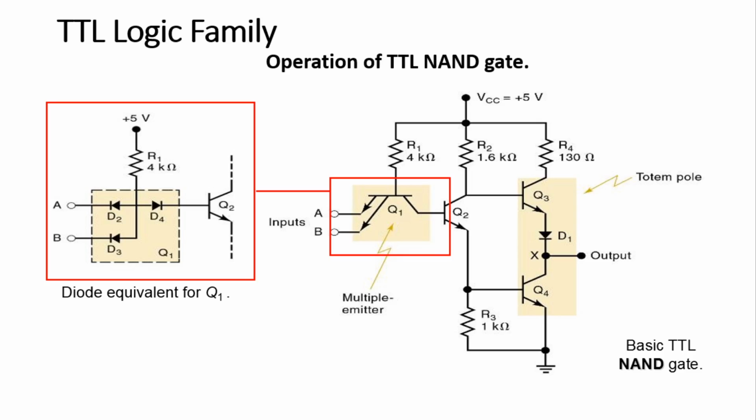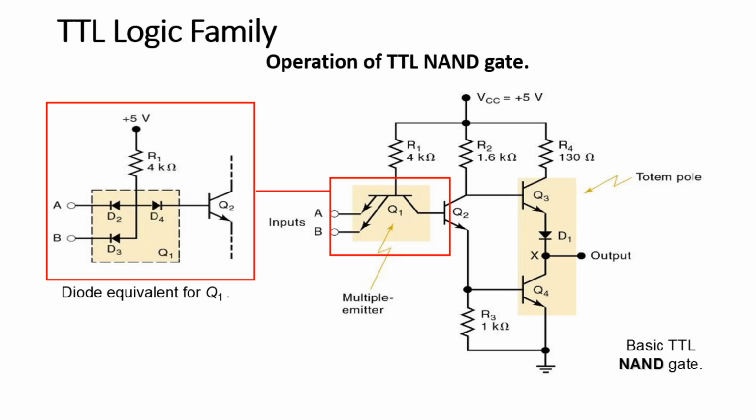This one is a structure in which this first section is diode equivalent for Q1. Here, this one is Q2 transistor. This one is Q1 transistor. Here again, details of this section are given on the left hand side, which consists of 3 diodes labeled as D2, D3 and D4.